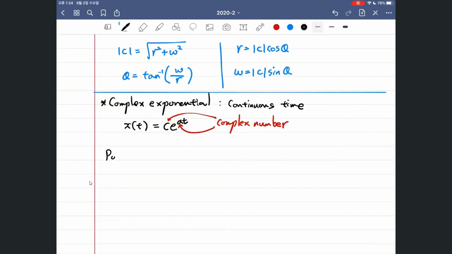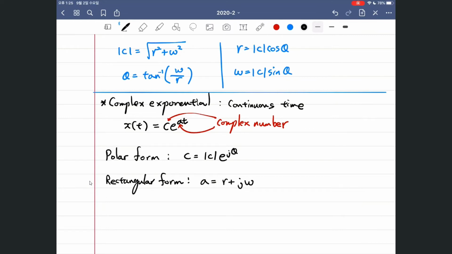So C equals the magnitude of C times e to the j theta. On the other hand, we will express this A in rectangular form. So two different ways for two different parameters. A is the real part plus j times the imaginary part.